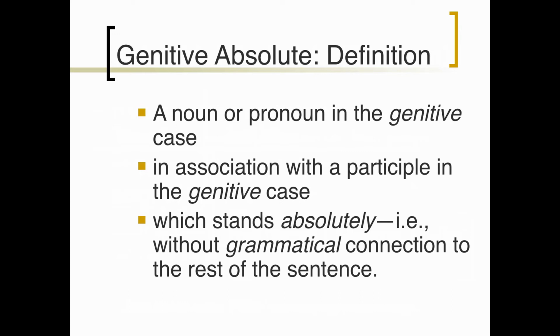You're going to see the genitive participle, which might look like a nominative if it's in the third declension, and that might confuse you. You may not realize that you're dealing with a genitive case participle. When you do, just realize in the back of your mind that there are these two other categories of the participle: the periphrastic and the genitive absolute.